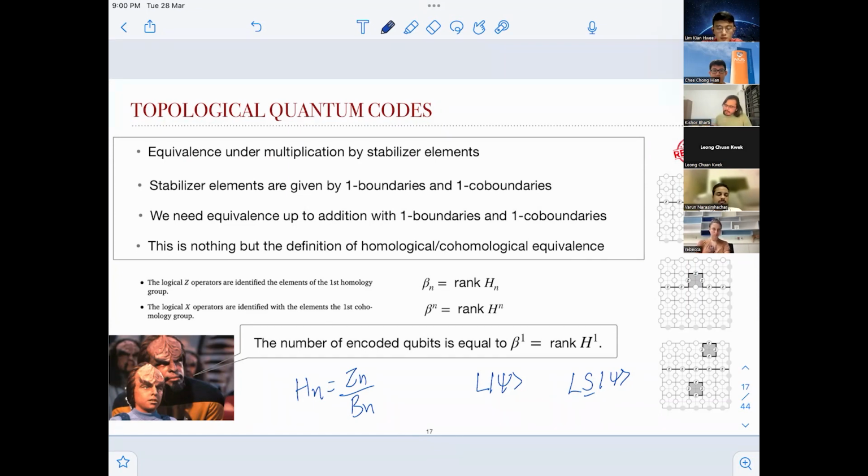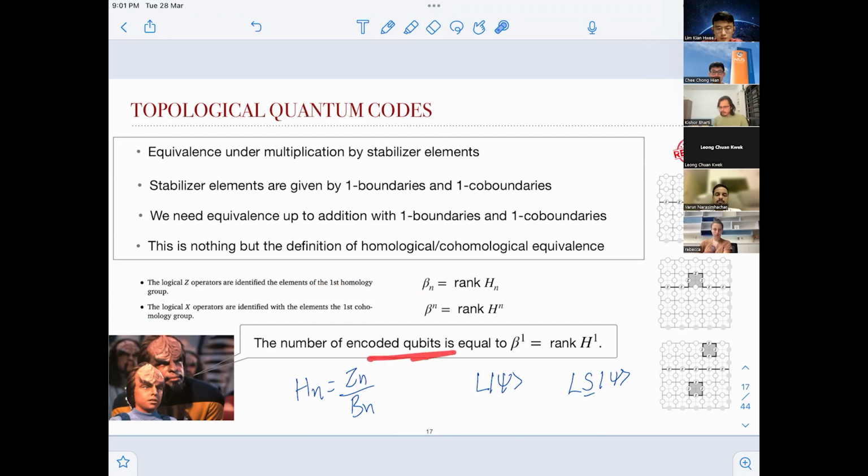Yeah. So very nice, where group theory and topology are very nicely coming into play to justify things. Okay. So basically the logical Z operators are identified as elements of the first homology group, and the X operators are elements of the first co-homology group. And these are the corresponding Betti numbers.